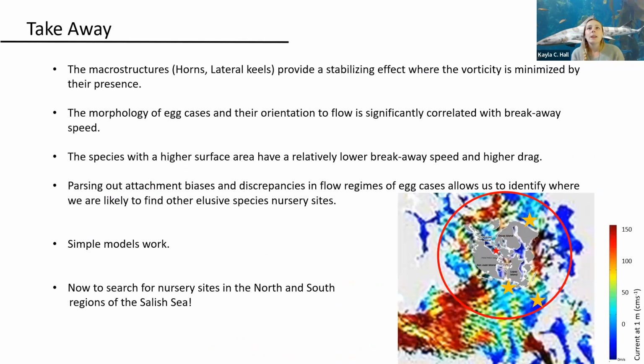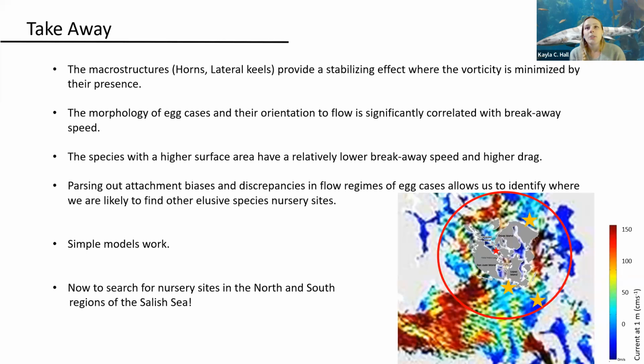So our major takeaway is that morphology-driven modeling can be a great indicator of the hydrodynamics for skate egg cases. And using species with known habitat sites allows us to interpret where the others, where we don't know where they are, are more likely to be.